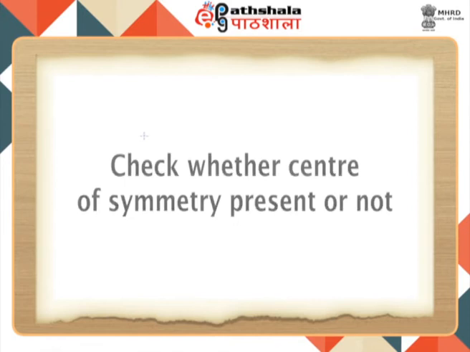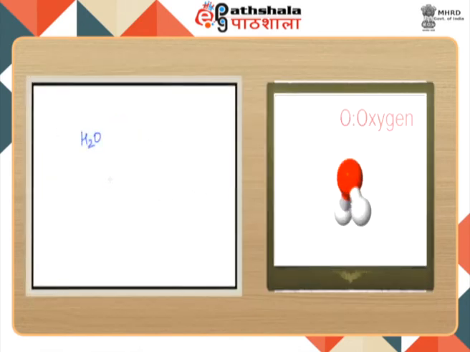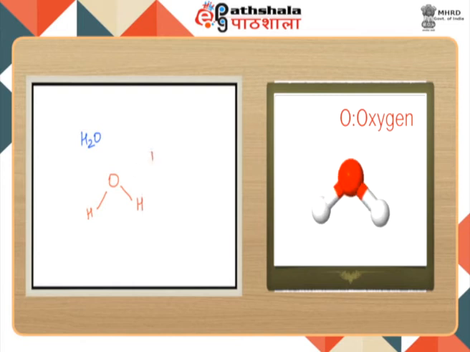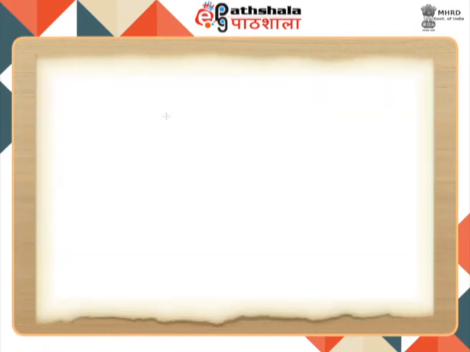Let us first of all consider the water molecule, and as you are aware, the structure of water is bent like this, and there is no center of symmetry, and obviously there is no location of point of symmetry. Moving to the next molecule, which is carbon dioxide.